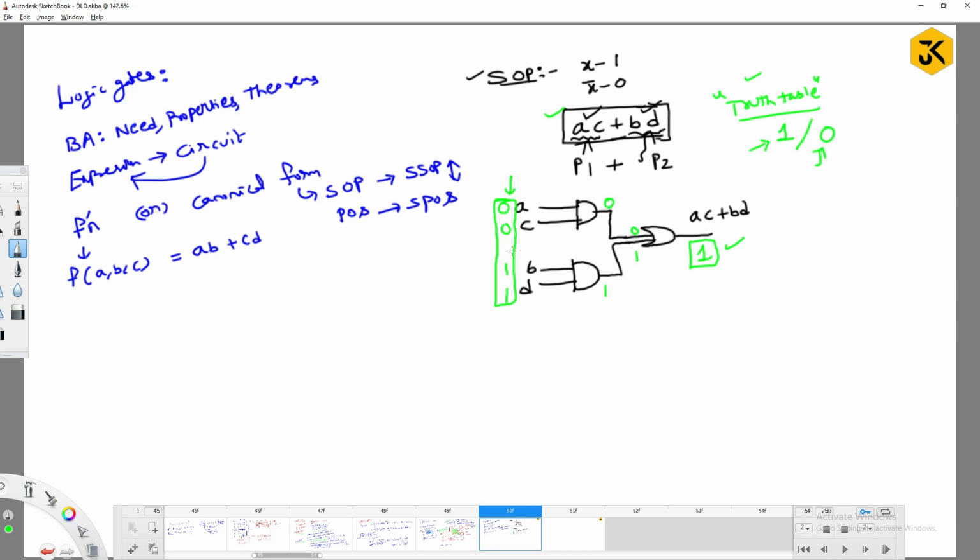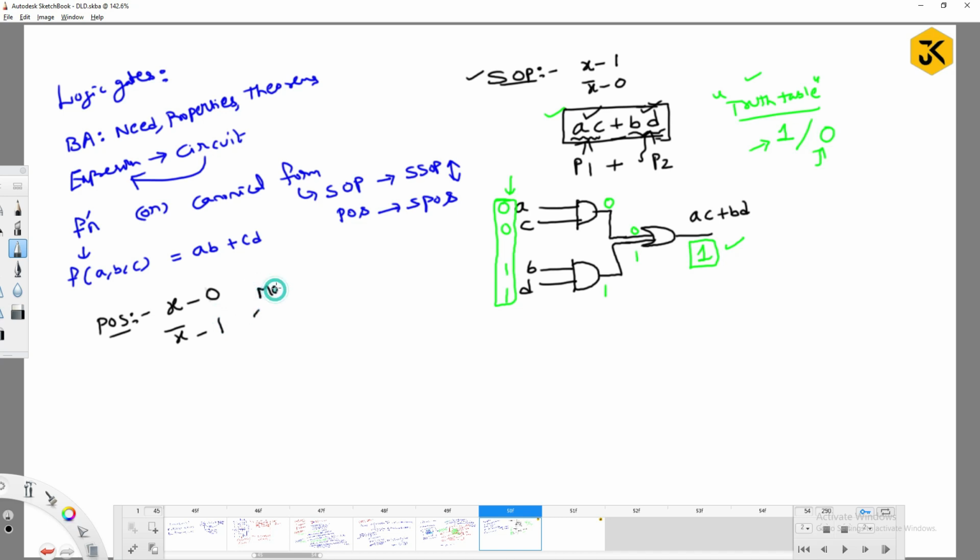Okay, fine. So now my point is, for example, let me try to take product of sums also. In product of sums, the normal variable is 0 and the complement variable is 1.